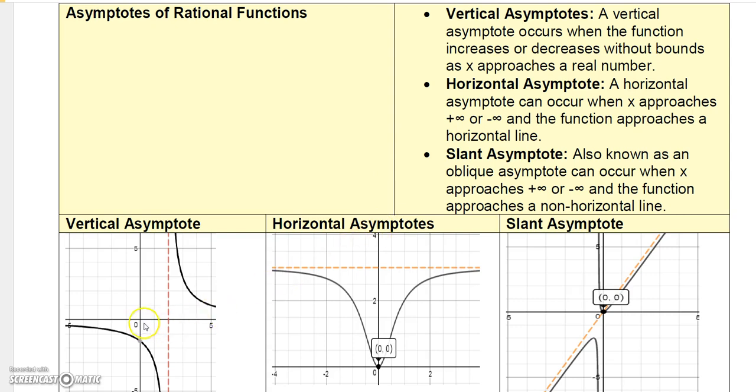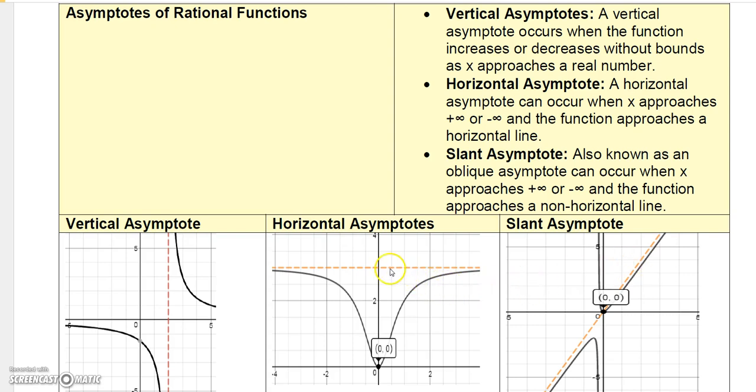Now, you can have a vertical asymptote and a horizontal asymptote in the same graph. I actually have one here, but I only talked about the vertical asymptote. And you can have a vertical asymptote and a slant asymptote in the same graph. This one actually does have a vertical asymptote, I just didn't identify it here. But you cannot have a horizontal asymptote and a slant asymptote in the same graph, because these asymptotes both come from when x approaches infinity or negative infinity.